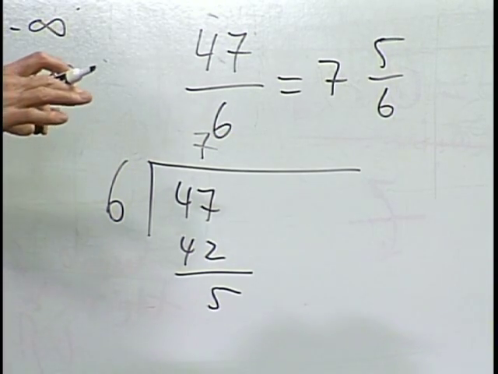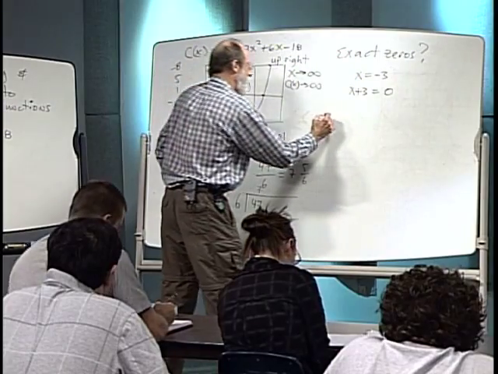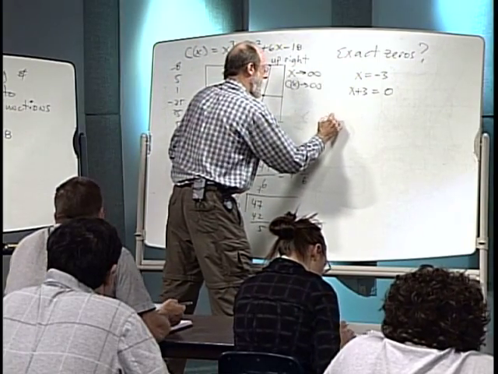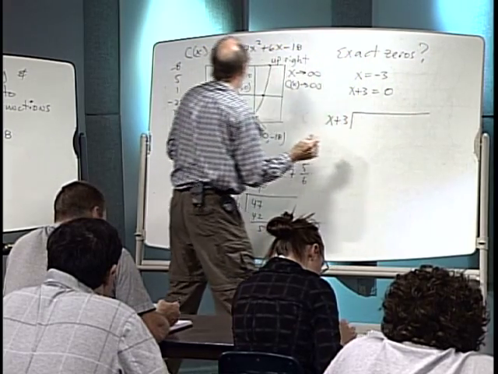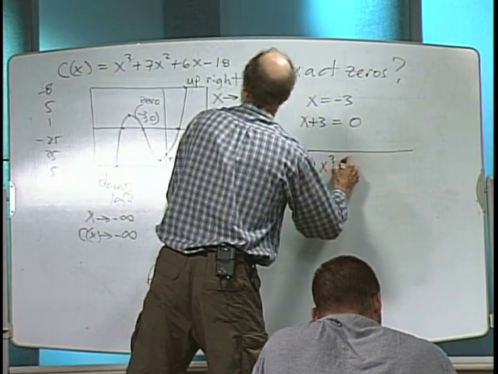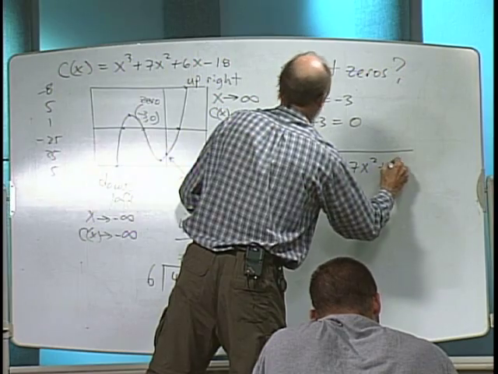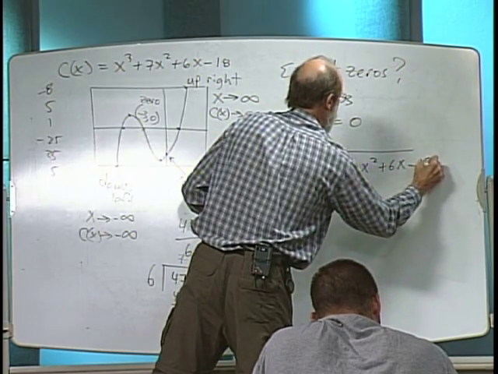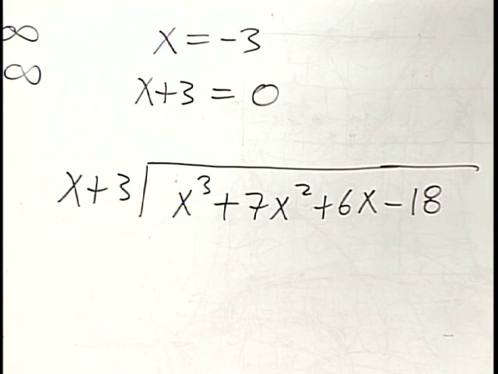Right? Old school. Watch this. We now are going to see if x plus 3 divides into this cubic function, x cubed plus 7x squared plus 6x minus 18. Take notes, unless you already know how to do this.